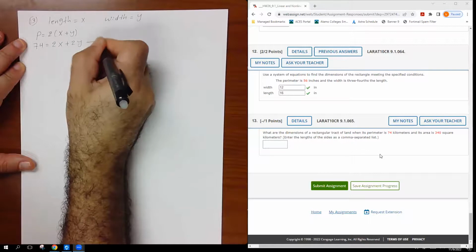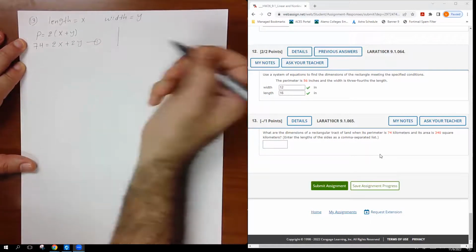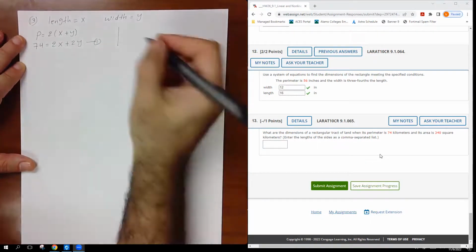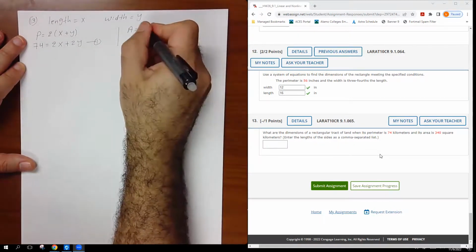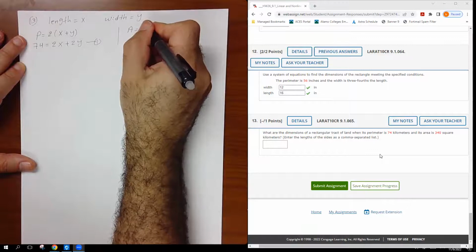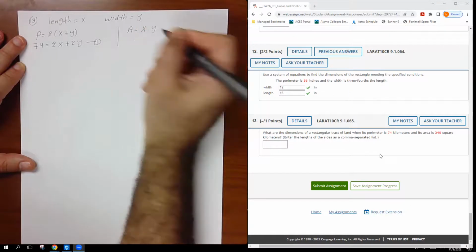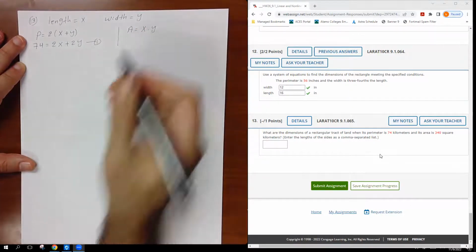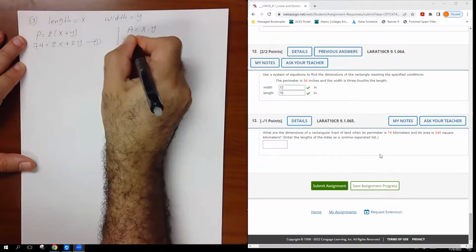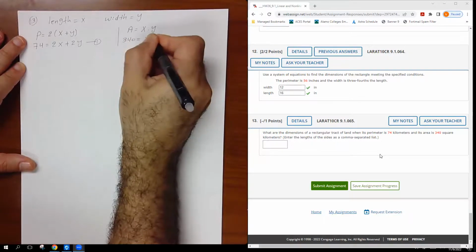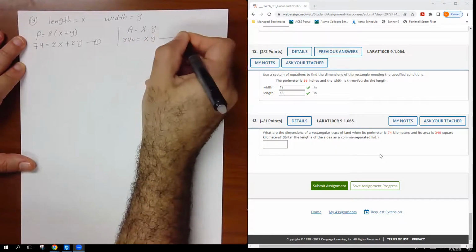This is our first equation. The second one, they're telling you the area. The area of a rectangle is the length times the width. So x times y. The area here is 340. That means 340 is going to be equal to xy. This is number 2.